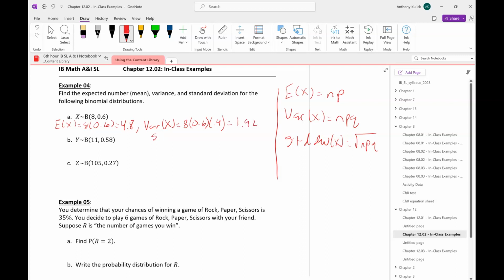Great. Then let's say the square root of P times Q. Yep. So then it's just the square root of all that, which is 1.39. Yeah, very good.